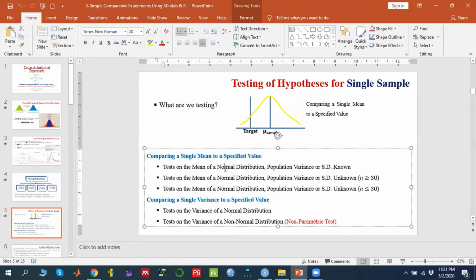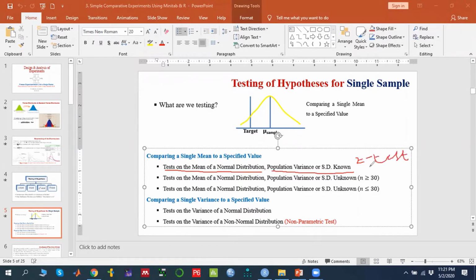So for that, theoretically speaking, we can apply mainly 3 kinds of tests depending upon the condition. We want to test the mean if the distribution is normal, because it's parametric, and the population standard deviation is given, so we can apply the z-test.